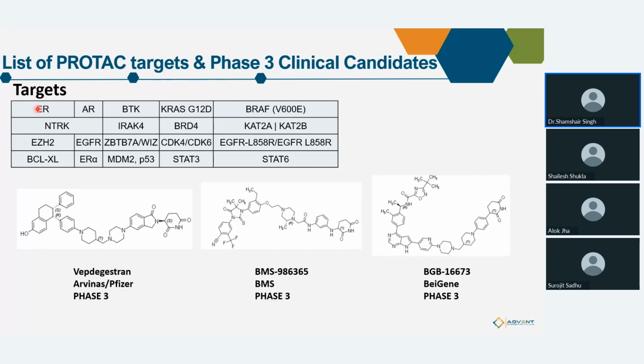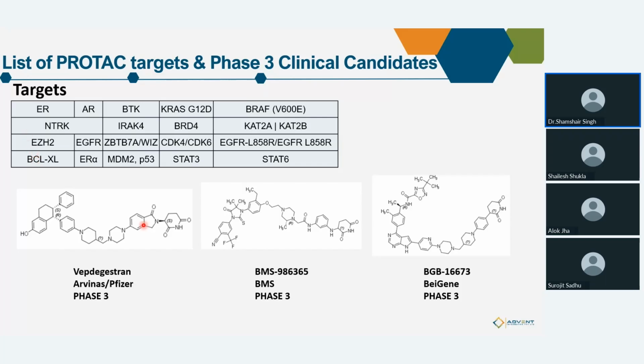Estrogen receptor, androgen receptor, BTK, which is again a kinase, KRAS, which is a mutated protein, BRAF, and IRAK. These are the different protein targets on which there is a lot of research going on.